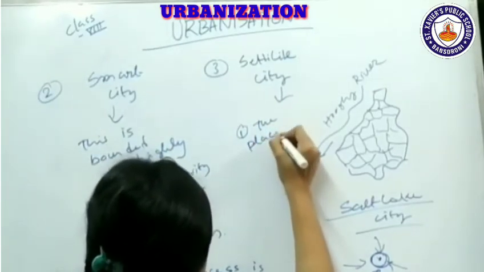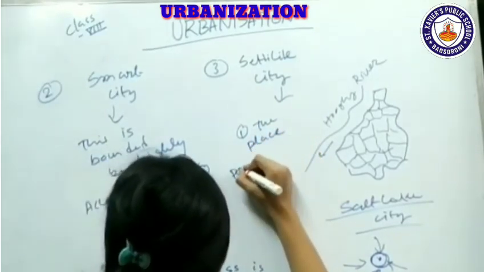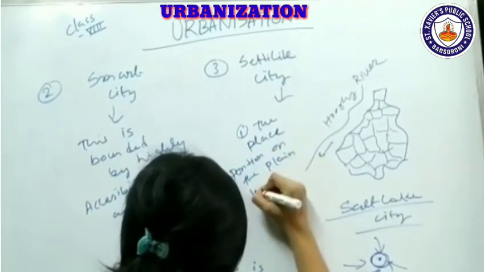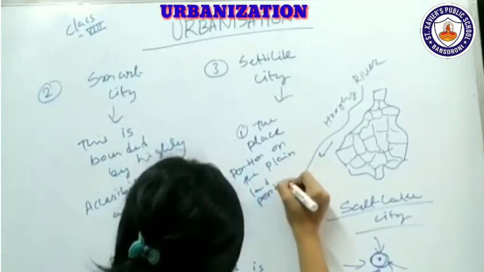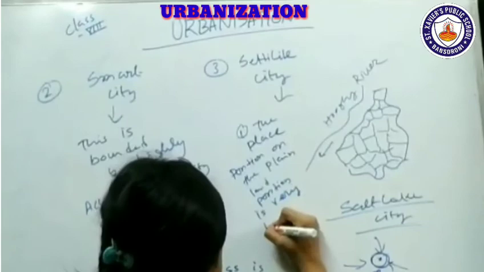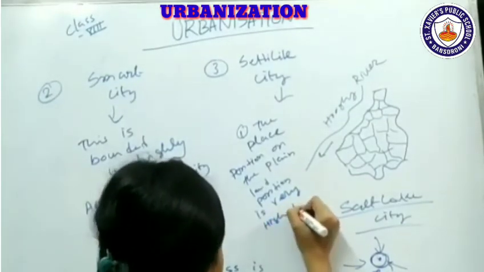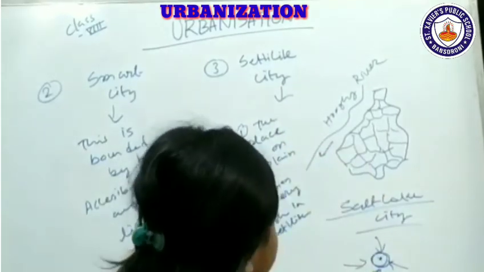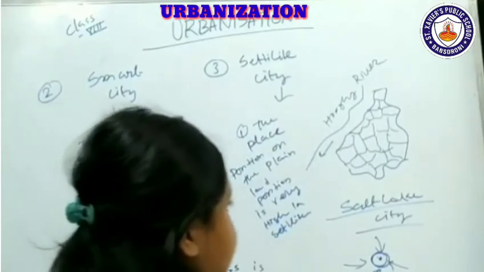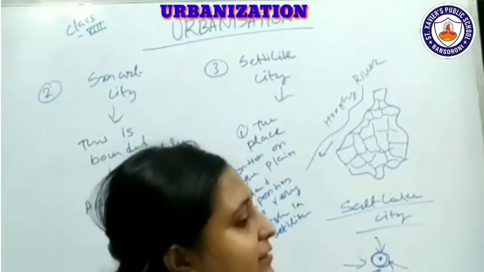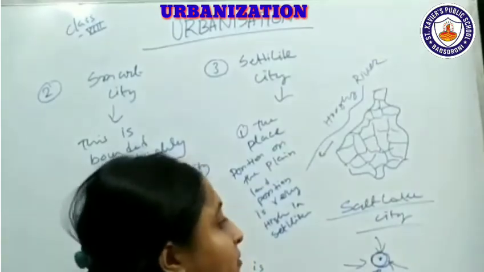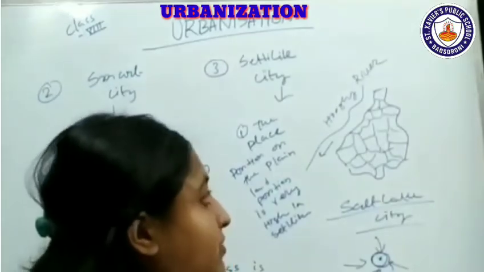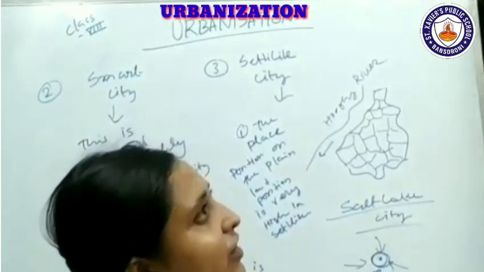There is also one more reason: the plain land portion is very high in a satellite city. What do I mean by that? In a satellite city, where the city is situated, it has a lot of plain place. If you have a plain place, you can utilize it in various ways: you can make a building or establish an office.